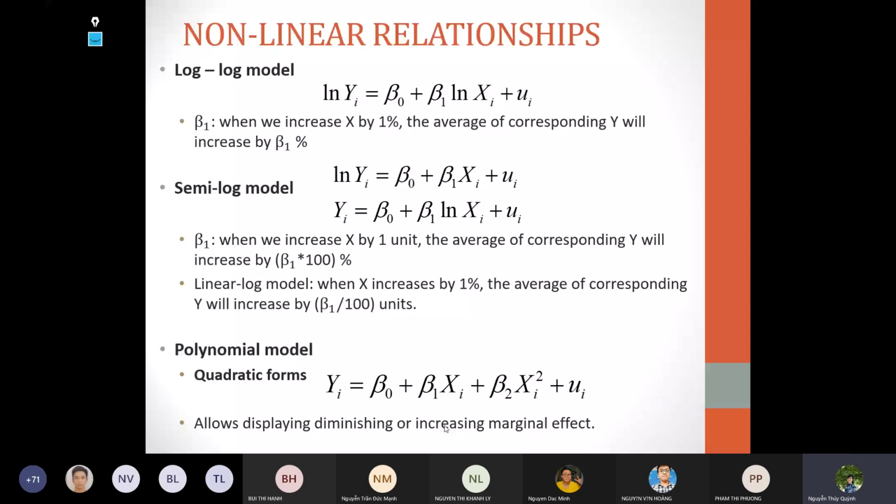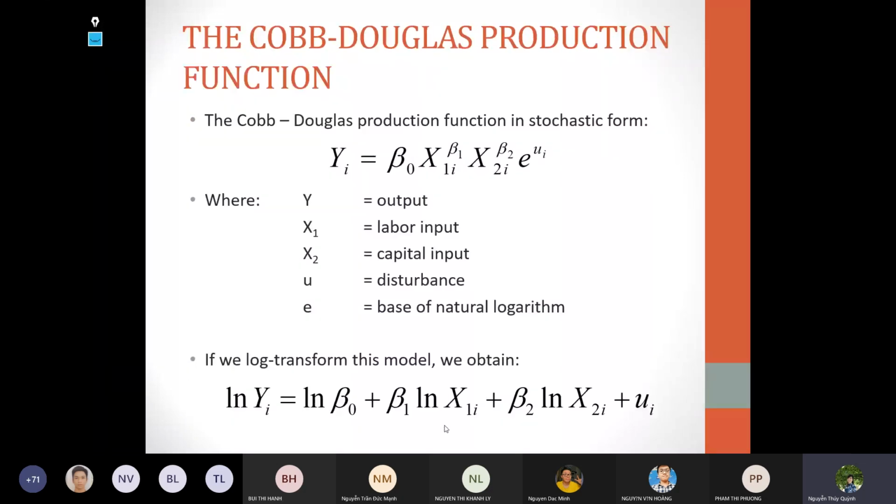So for the log form of the Cobb-Douglas production function, if x1 is labor and y is the output, beta 1 tells us about the effect of labor on output: when we increase labor by 1% and keep capital unchanged, the average of y will increase by beta 1%.